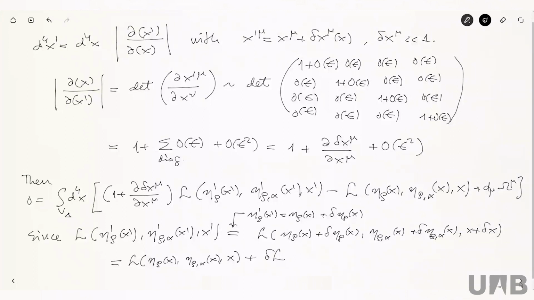So this delta L, of course, is the derivative of L with respect to eta rho, delta eta rho. So that's due to the change in eta rho. The derivative of L with respect to eta rho comma alpha, and then the variation delta eta rho comma alpha.